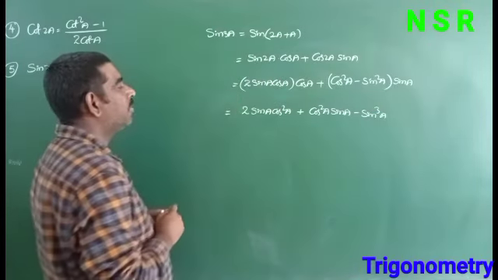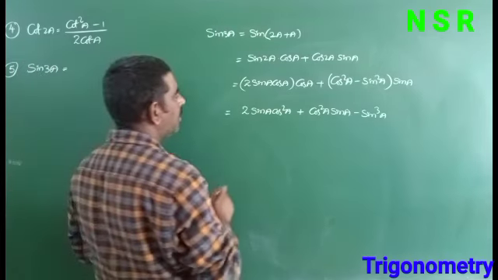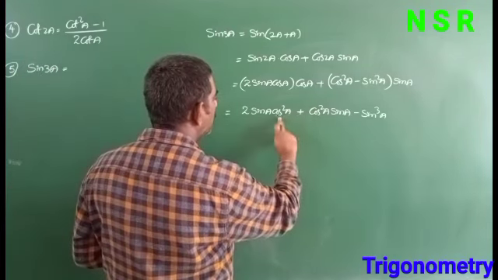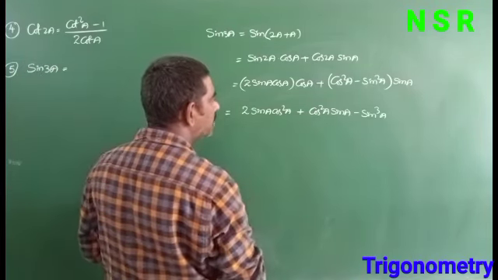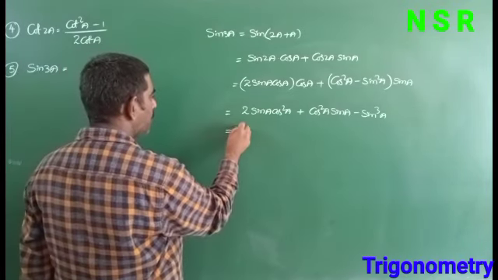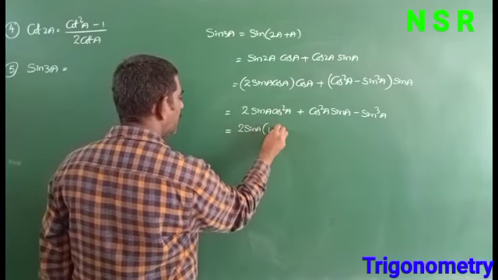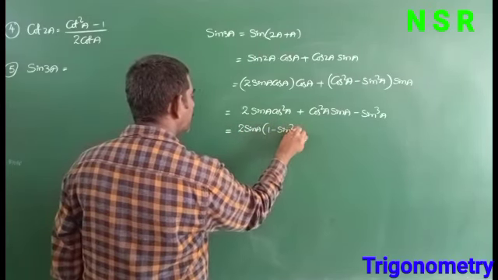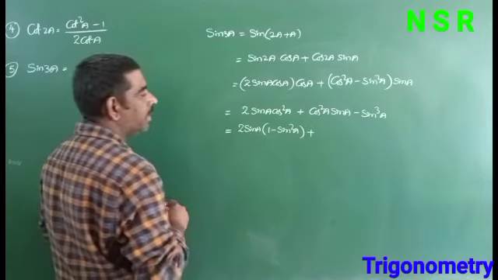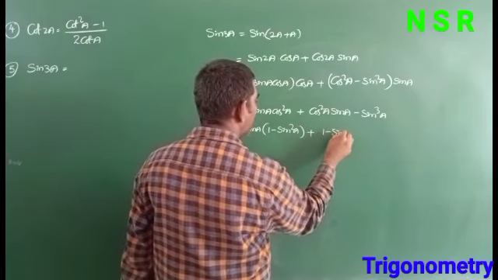So for the sin 3a formula in terms of sin, here cos square a and here also cos square a is there, and this cos square a changes into sin. So we get 2 sin a into 1 minus sin square a. So cos square a we can write as 1 minus sin square a.